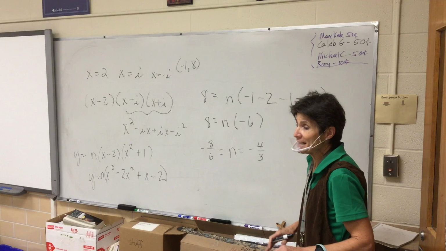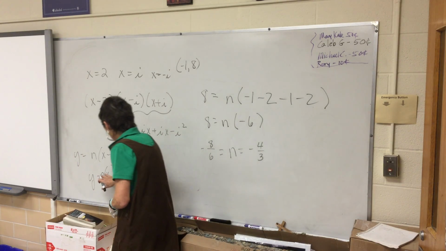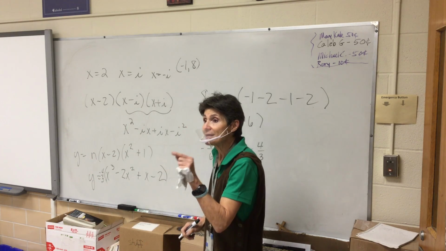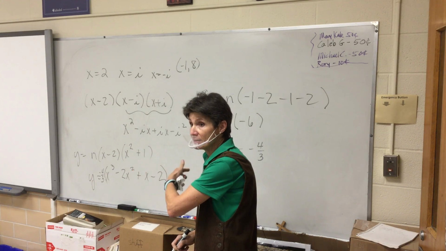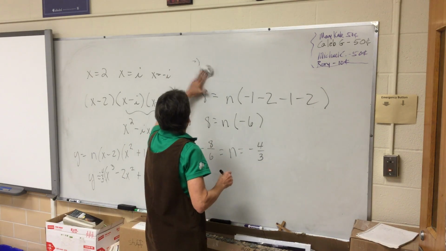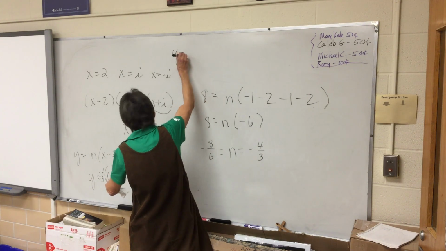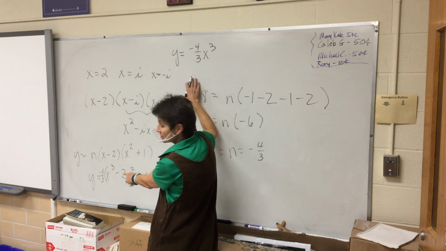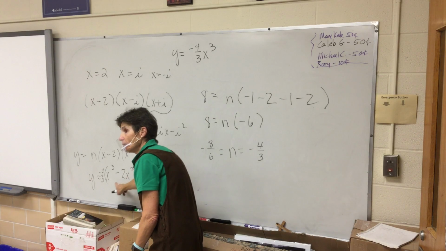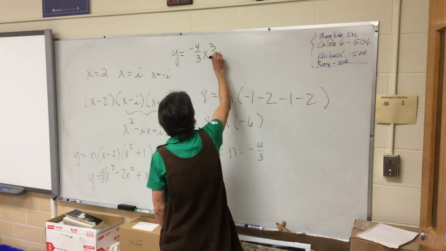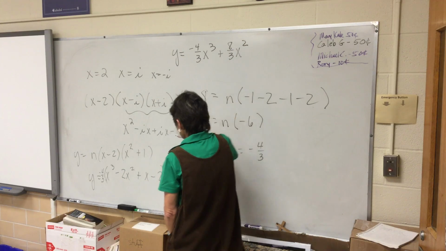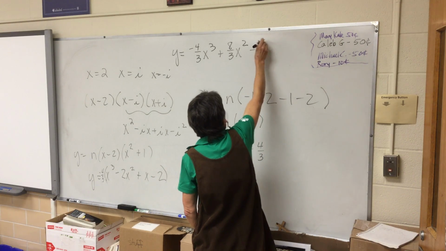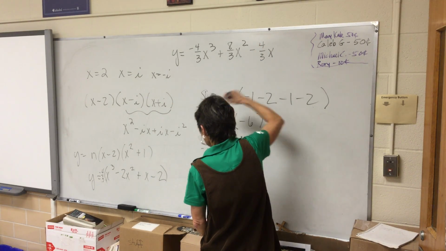So now, how do I write my answer? Well, remember that -4/3 that you just found? Remember, it goes with everything, right? So when you write your answer, it's going to be y equals -4/3 x cubed, and then be careful, plus 8/3 x squared, minus 4/3 x, plus 8/3.